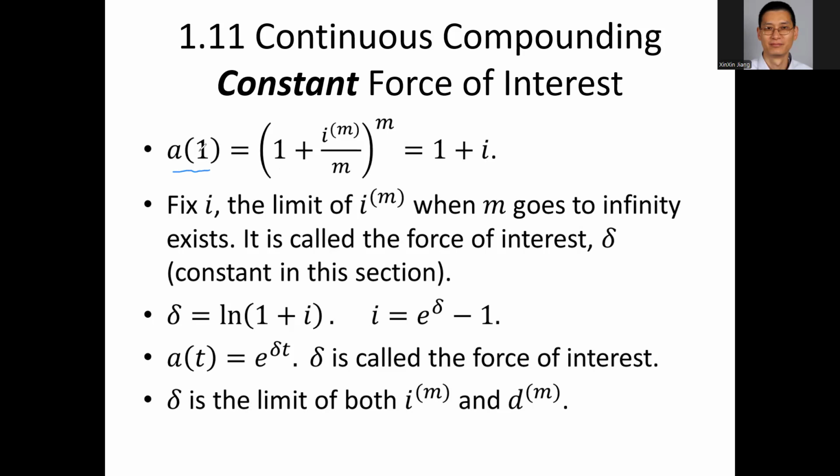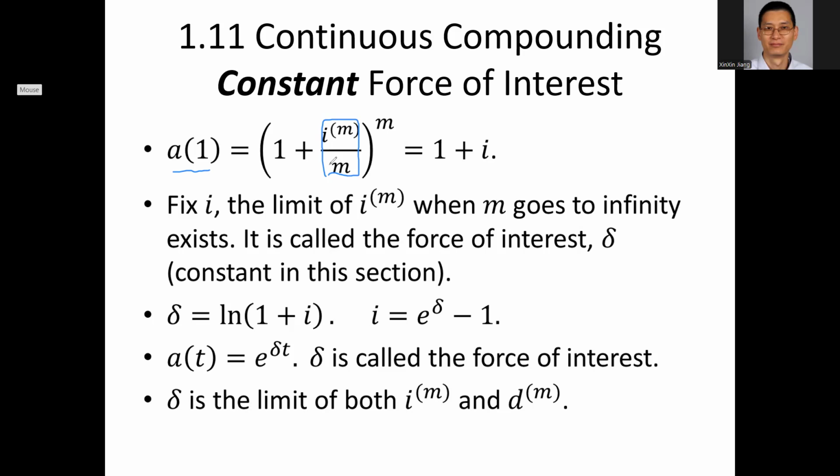If you invest $1, that's the amount function, the accumulation at 1 year, and that equals 1 plus i, assuming i is the effective annual rate. That equals 1 plus the effective rate per time period, raised to the power m. So we have this relation.